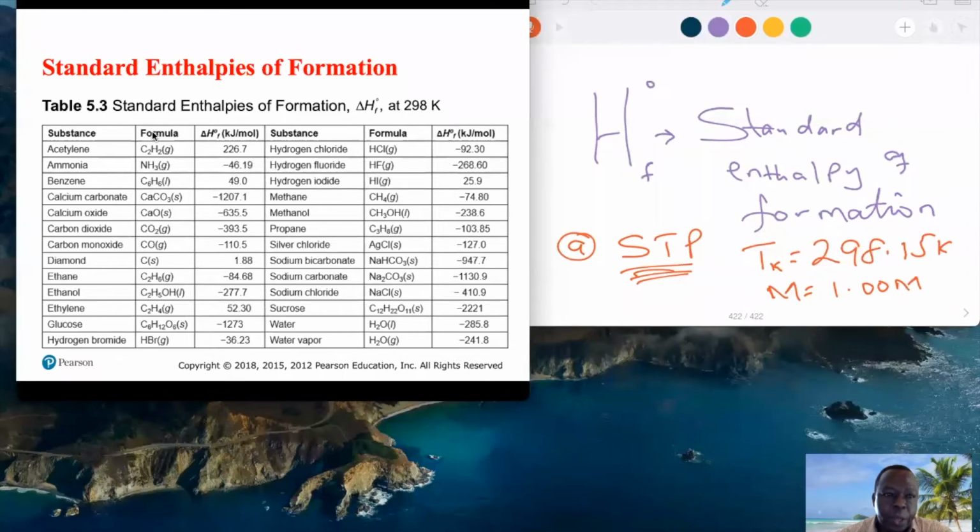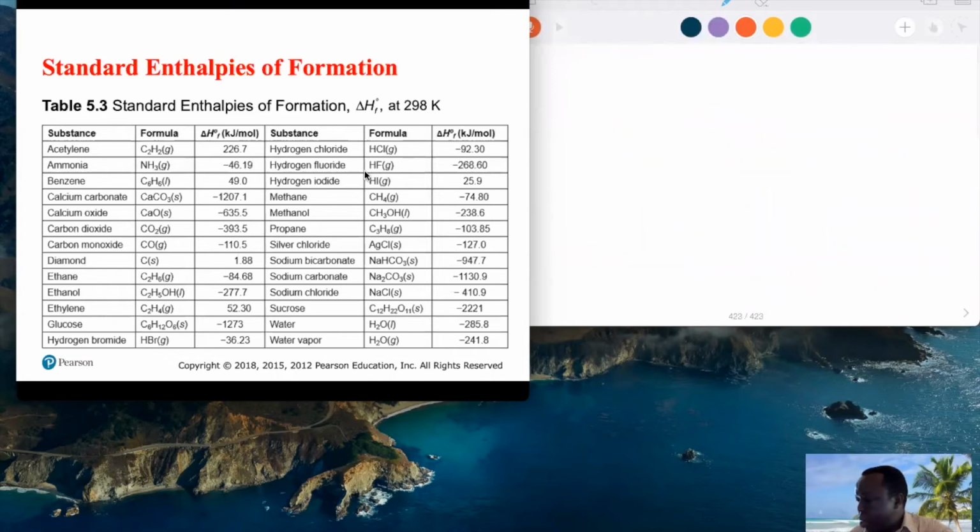Table 5.3 shows the enthalpy of formation of each compound in kilojoules per mole. Where we are going with this is using this equation, the change in enthalpy for a reaction at standard state.